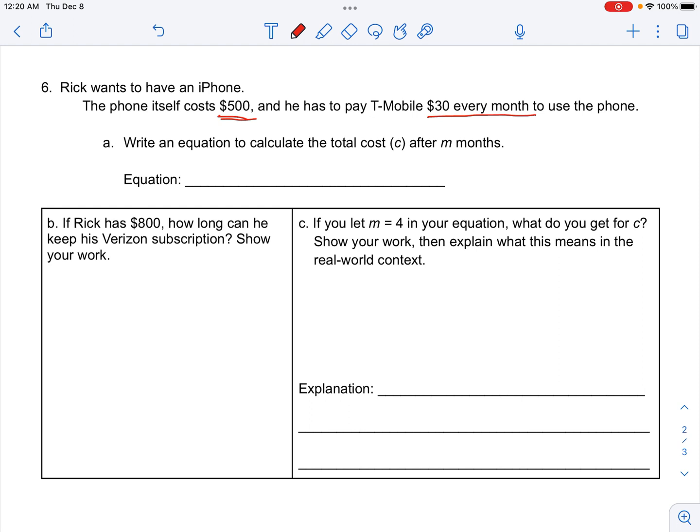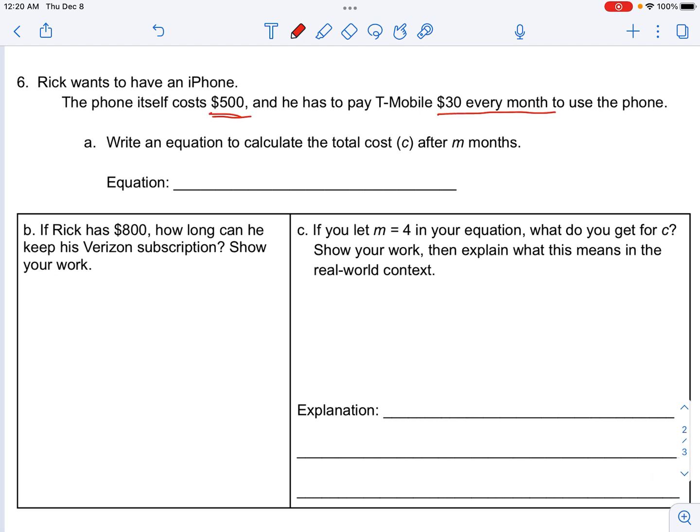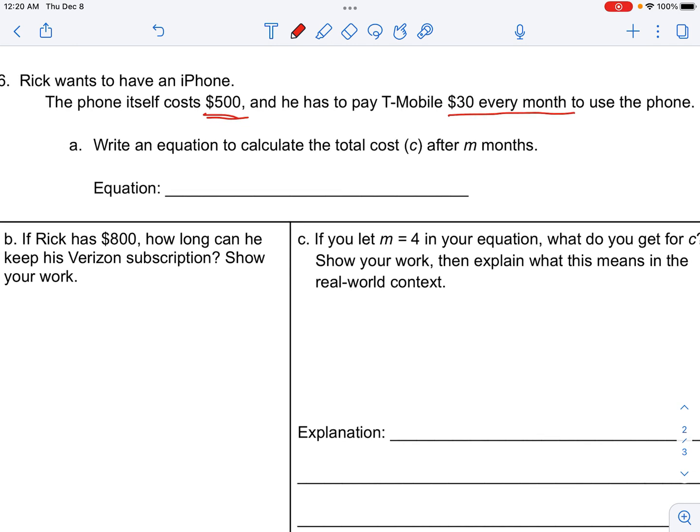The first question asks, write an equation to calculate the total cost after m months. And they use some variables here. They use C for how much money Rick has spent. So this is money. And months. So m is the number of months that have passed.